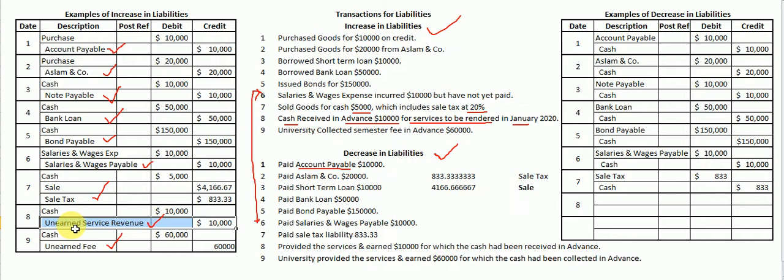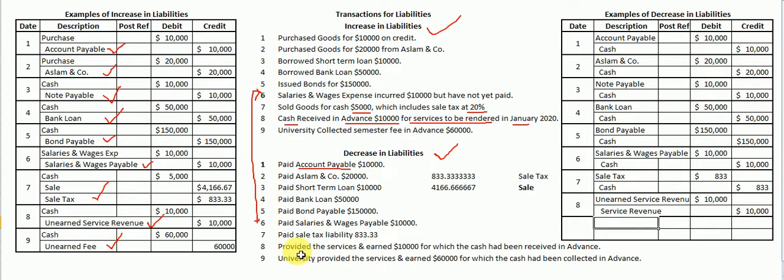Once you provide the services, this unearned service revenue liability converts to revenue. So here you have to debit the unearned service revenue account and credit the service revenue, $10,000 and $10,000.